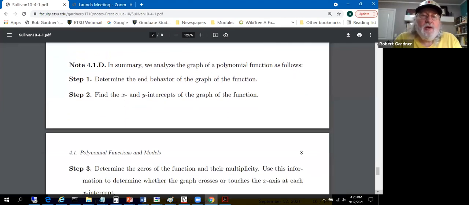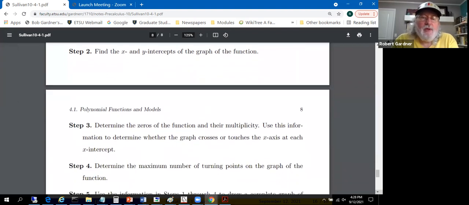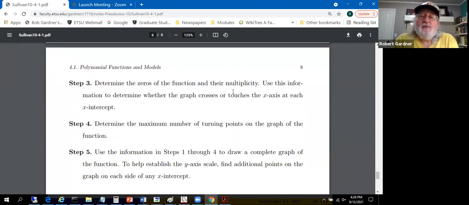So in summary, on graphing, note 4.1.d says, when we analyze the graph of a polynomial function as follows: determine the end behavior of the graph of the function. That's just the leading term. Find the x and y intercepts of the graph of the function. Easy enough, we've done that earlier. Determine the zeros of the function and their multiplicity.